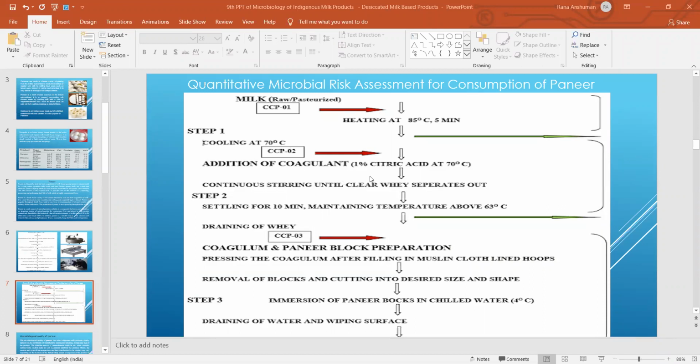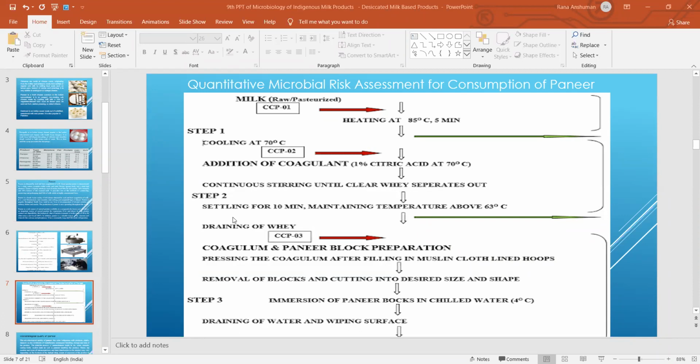Thereafter, before addition of the coagulant, we have to chill it, and whatever coagulant we are using, or the water we are using for mixing that coagulant, that should be of good quality. And our main focus is to minimize the total contamination load, which will affect the overall quality of your product.